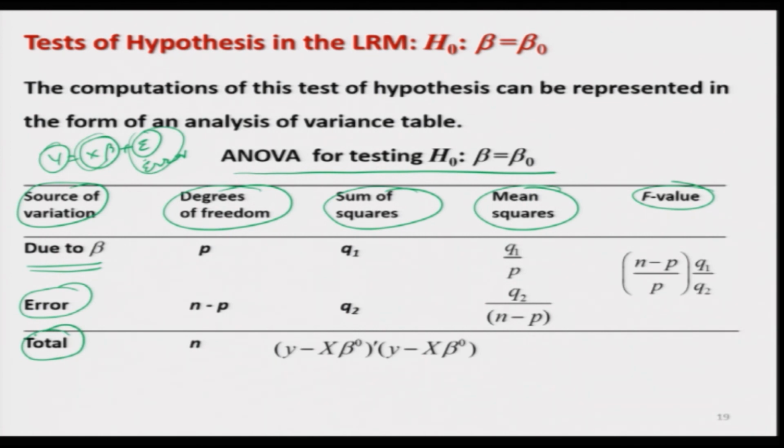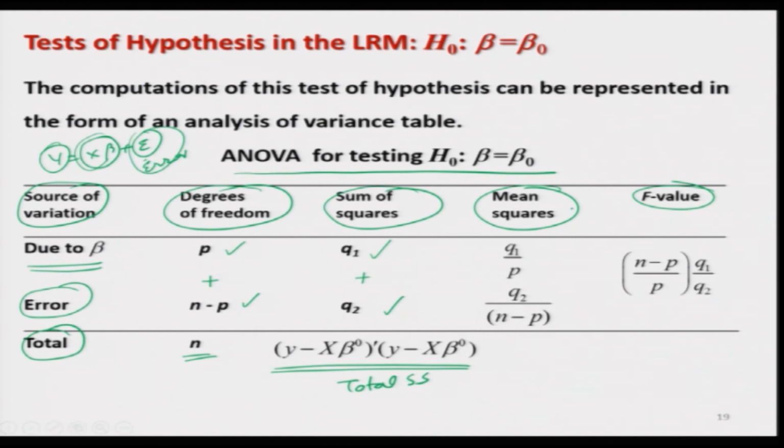Their corresponding degrees of freedom are p and n minus p, and if you add them together, this comes out to be n, right. The sum of squares obtained by the terms, q1 plus q2, is y minus x beta naught transpose y minus x beta naught, and this is called the total sum of squares, right.